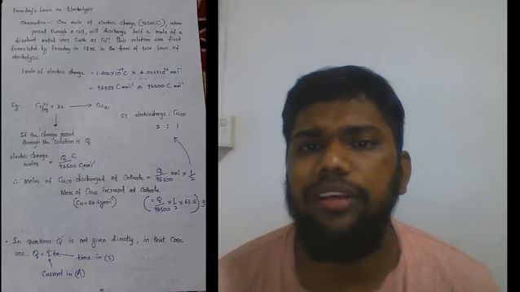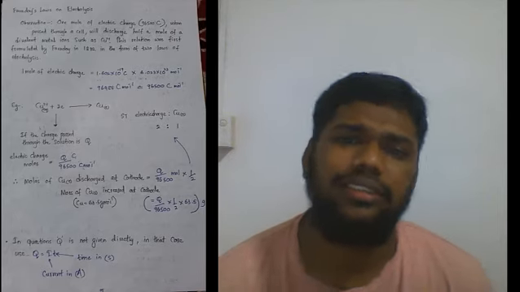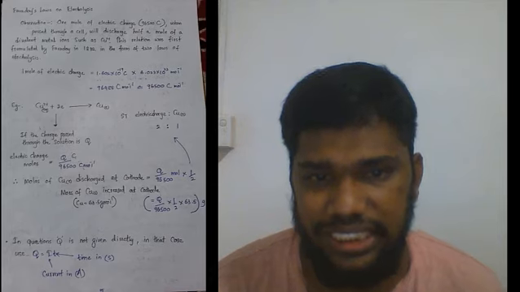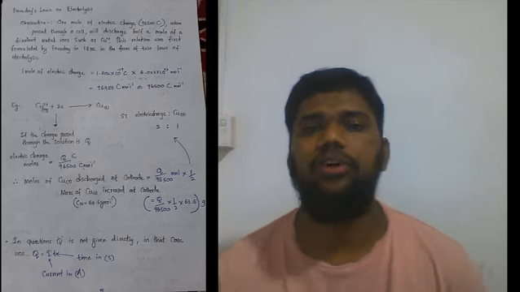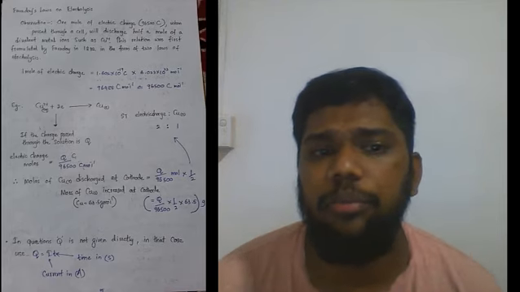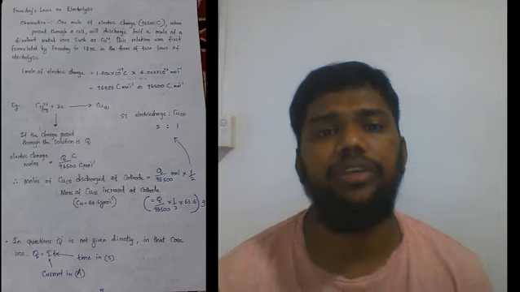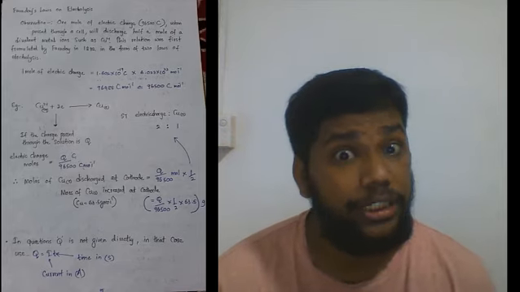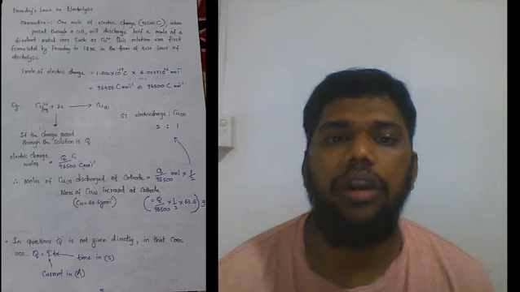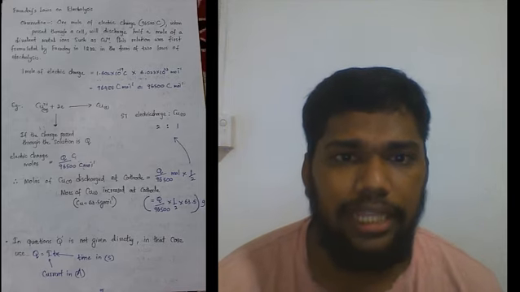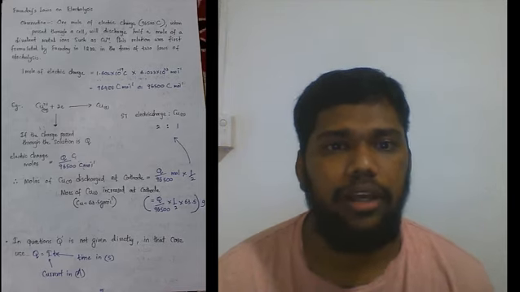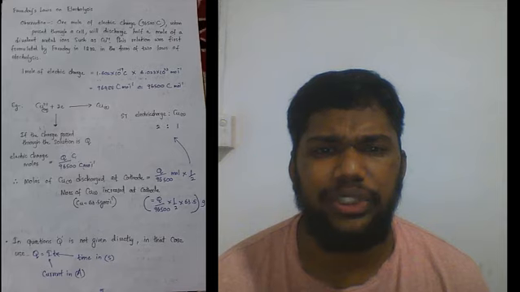This one we normally take as Faraday's constant. So when you divide by Faraday's constant, you get the number of moles of electrical charge. That means you get the number of moles of electrons used. Then according to the stoichiometry, 2 electrons are used to deposit one copper solid, so the stoichiometry is 2:1.